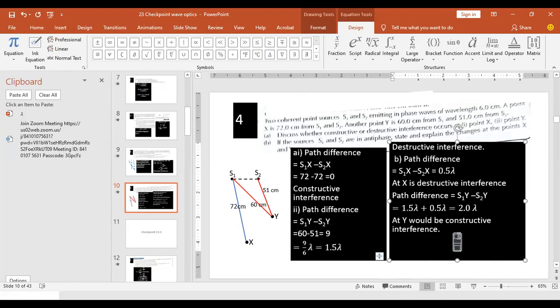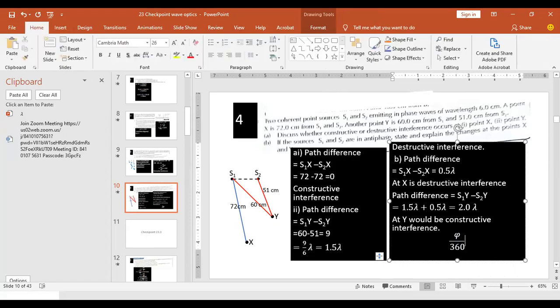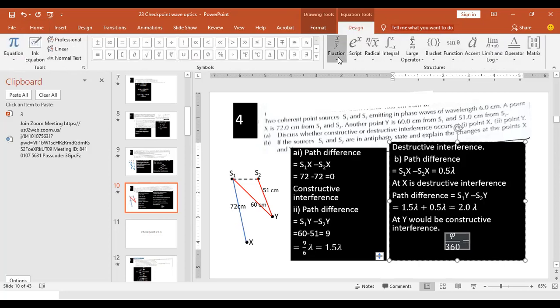Under your phase, 360 equals x over lambda.